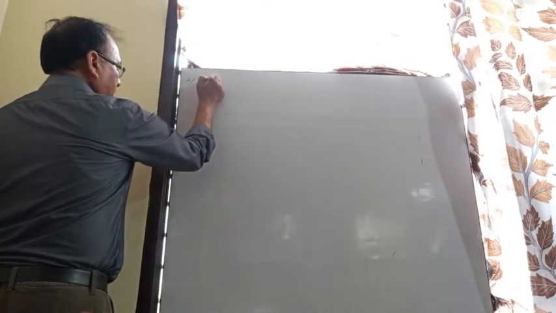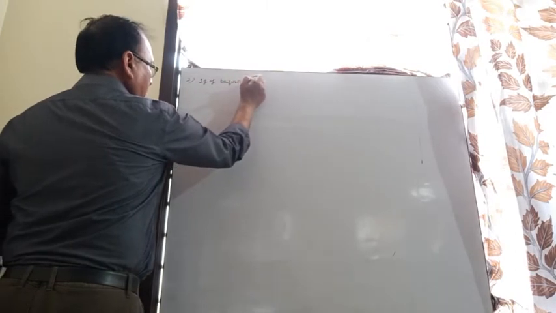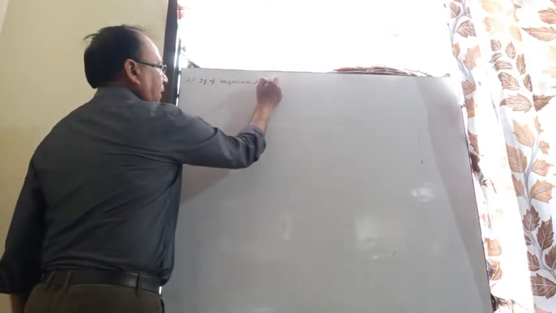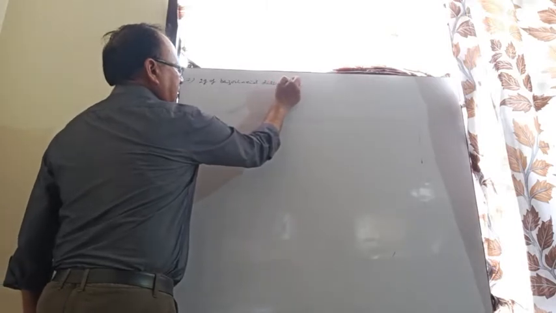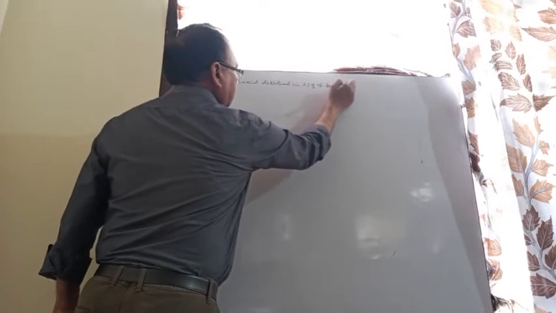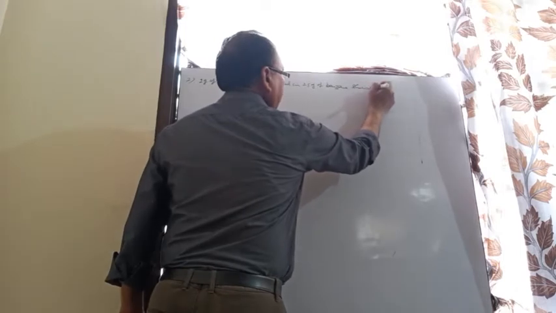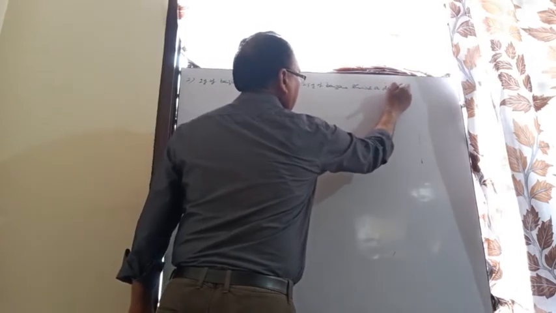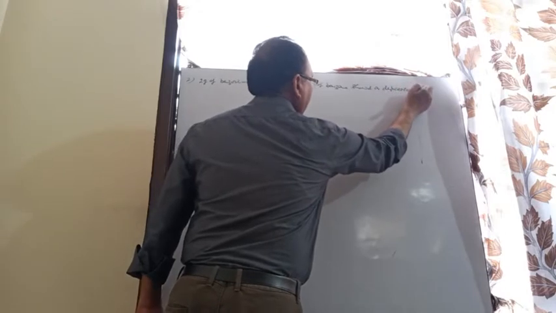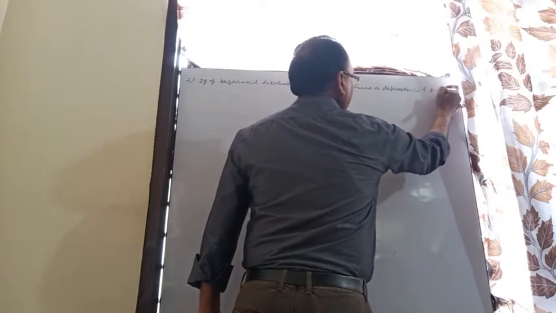ये बोला था। 2 ग्राम ऑफ बेंजोइक एसिड dissolved in 25 gram of benzene shows a depression in freezing point equal to 1.62 Kelvin.